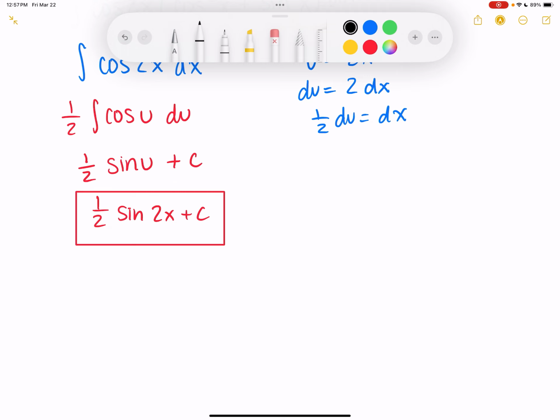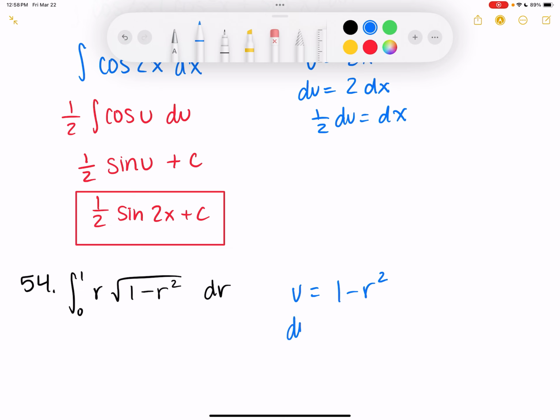We'll start with an easier one. 54. We've got the integral from 0 to 1 of r times the square root of 1 minus r squared dr. So what is u? 1 minus r squared, without the square root.